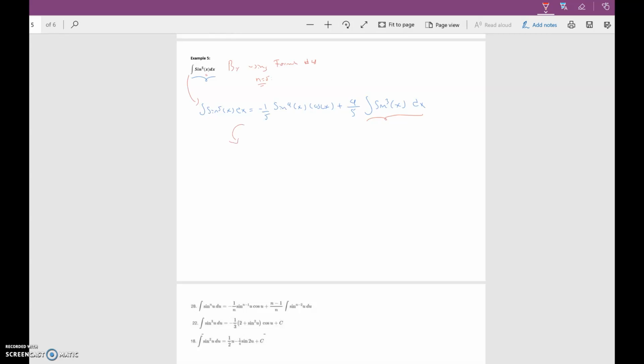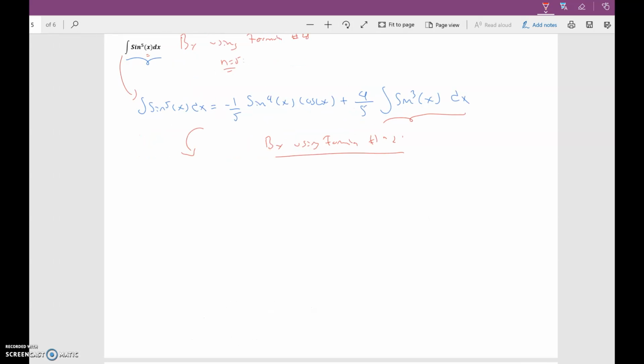So at this point, we can just jump ahead and use formula number 22, and we can rewrite this integral.